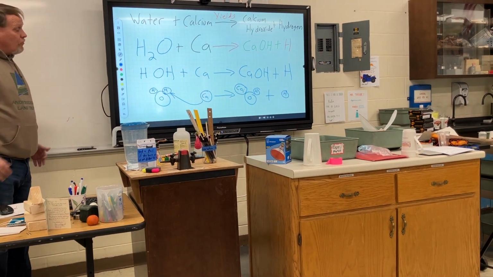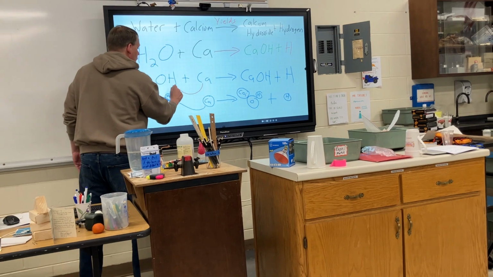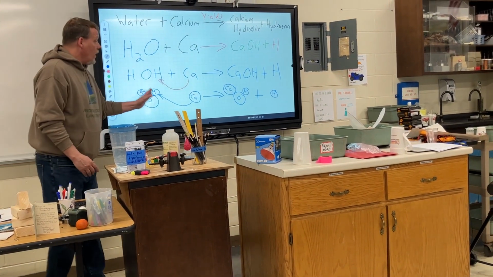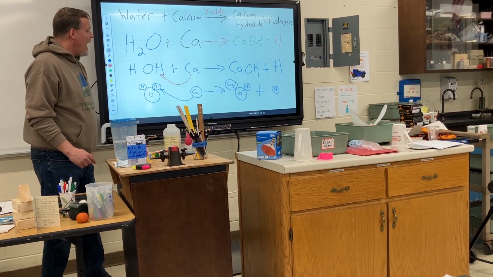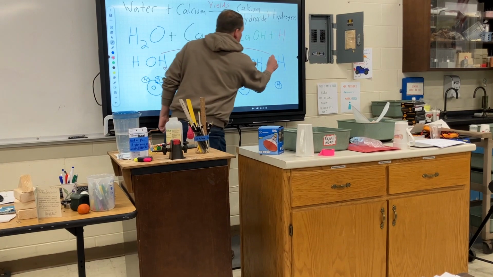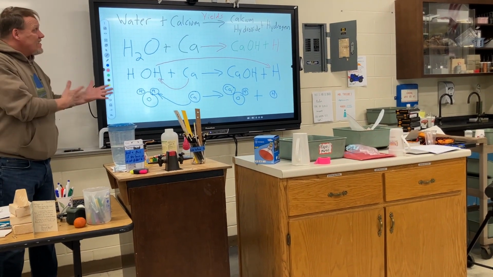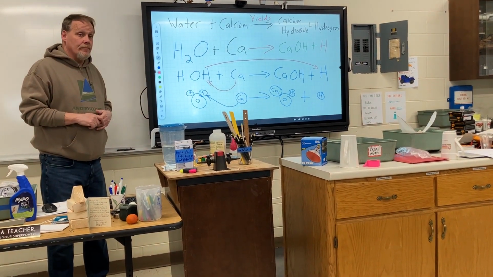All right? So basically what's happening is the calcium is kicking out one of the hydrogens, and now I have CaOH, and then the hydrogen that got kicked out is now going out into the air. So that's the chemistry behind how we're going to make hydrogen gas today.